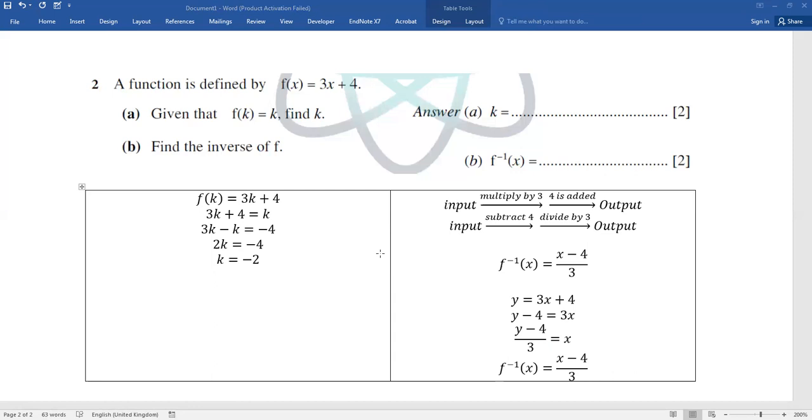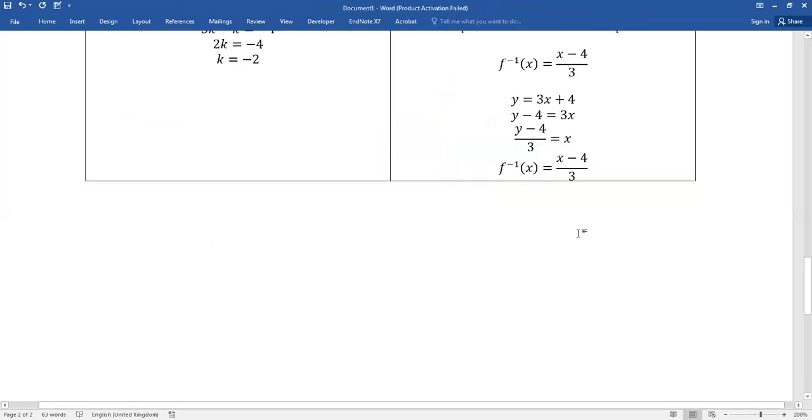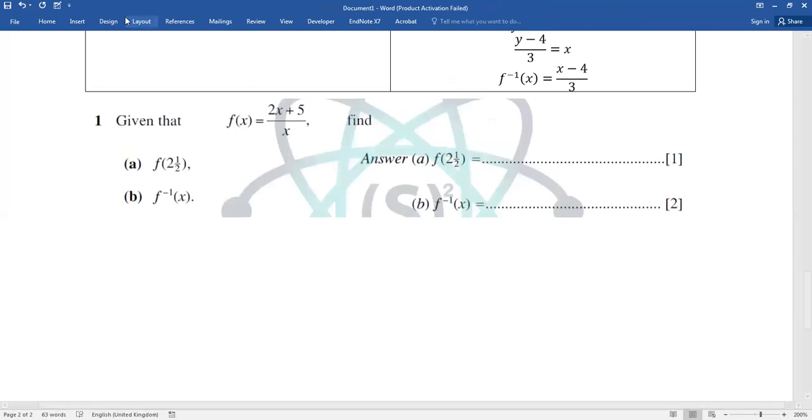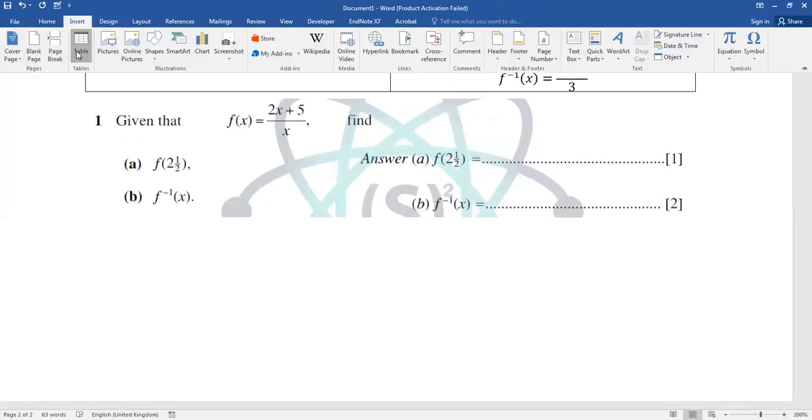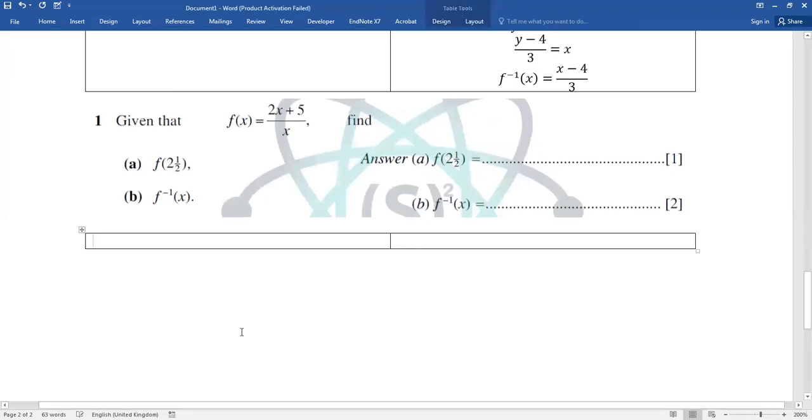Is this clear, beta? Yes. What about the rest? Yes, clear. Okay, let's take these two examples.